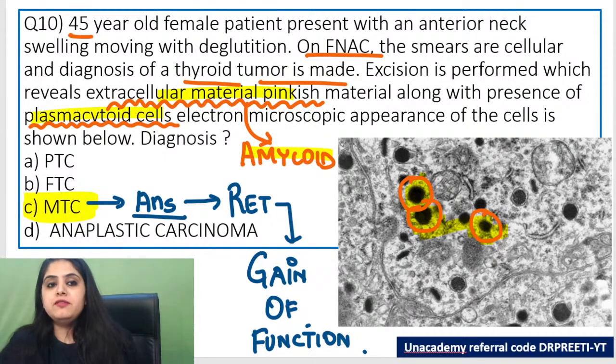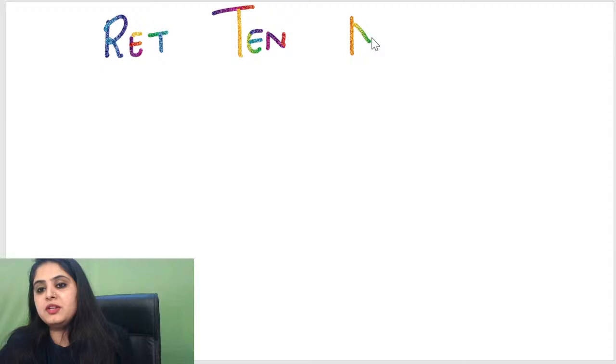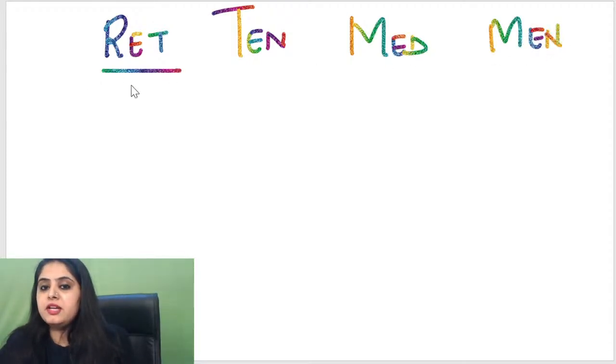So, please remember for the others, we had done a very, very simple mnemonic, and that mnemonic went as RET 10 MED MEN. Do you remember this, everyone? RET 10 MED and MEN. If you remember, RET was the name of the gene. It is present on chromosome number 10.